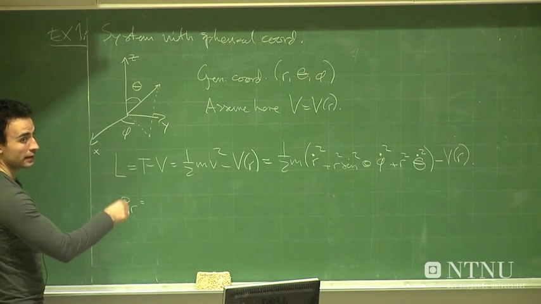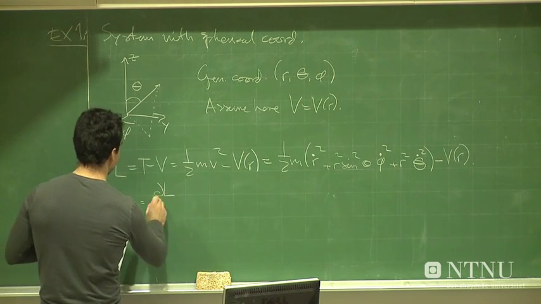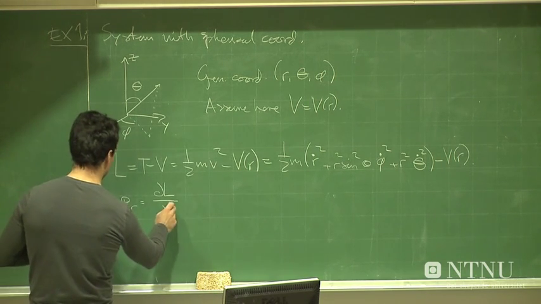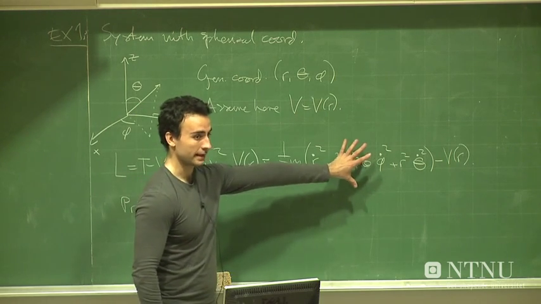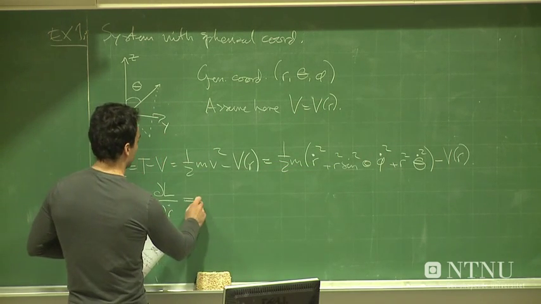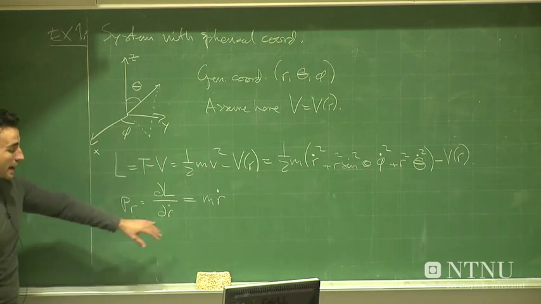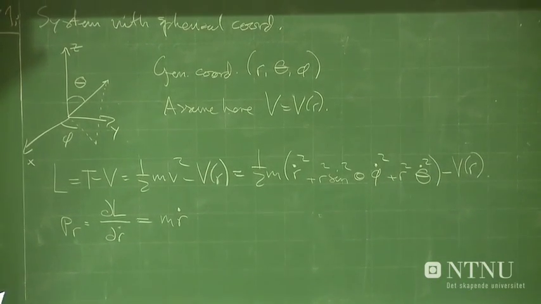So p_r, the canonical momentum associated with r, will be dL/dr dot, which upon inspection here provides us with m r dot, which seems reasonable.